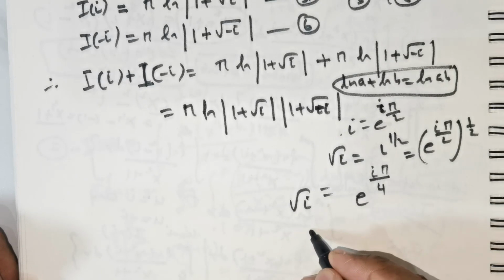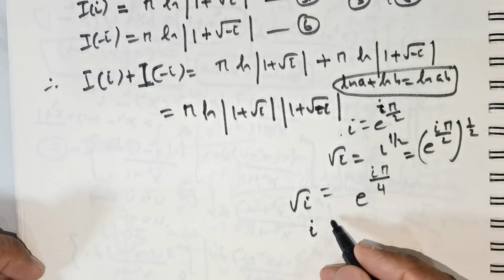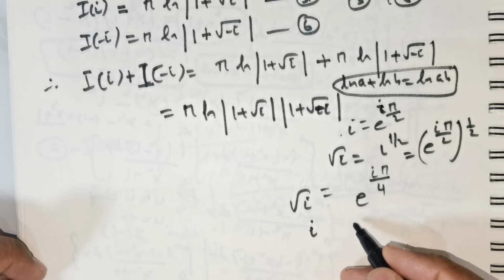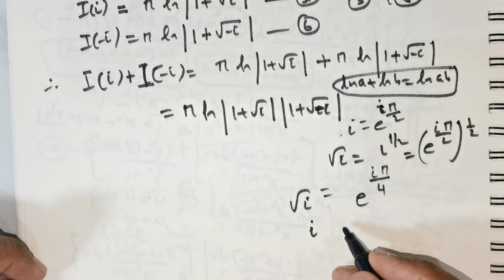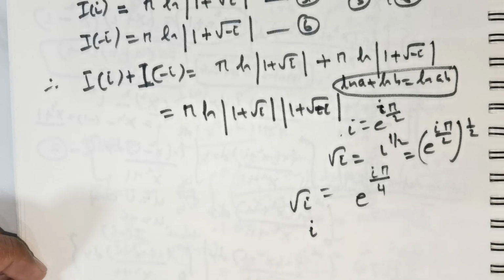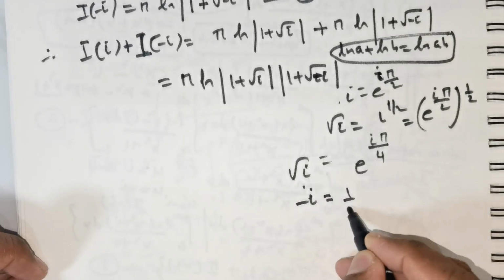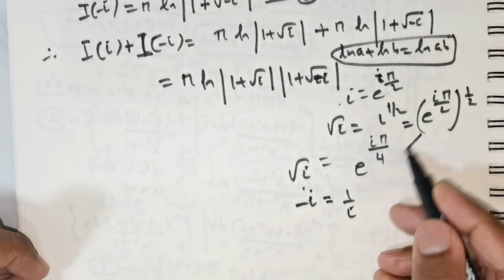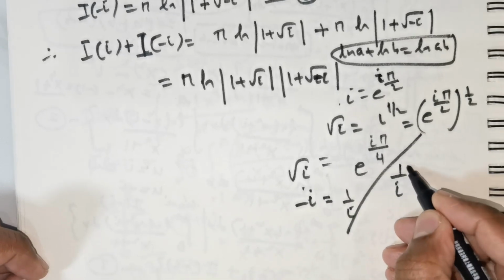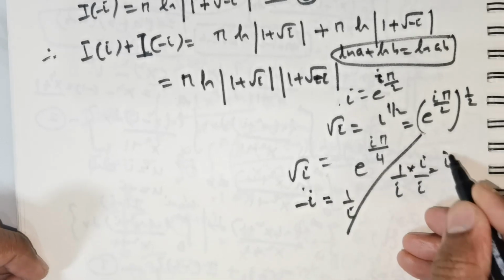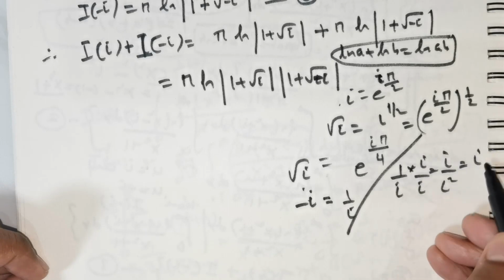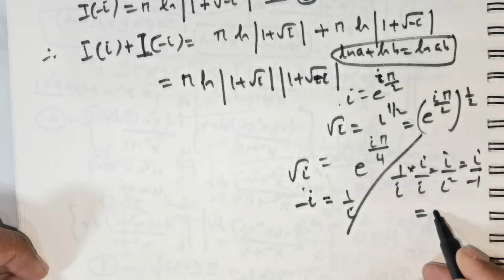Now you have to know the representation for negative i also, right? So let me show that to you. Negative i is nothing but 1 over i. Now you might be wondering how is this possible. So let me show that. Now 1 over i is there. I multiply by i divide by i, I get i over i squared, which is nothing but i over negative 1, which is equal to negative i.